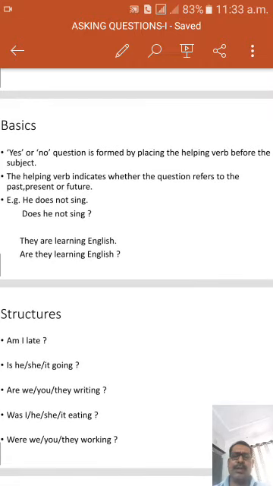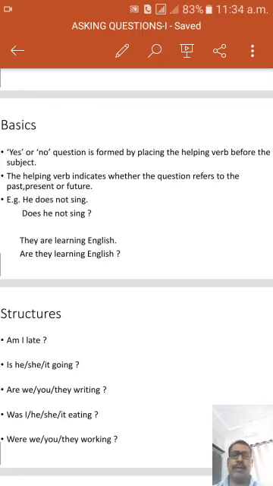Suppose the question is beginning with is, it is in present tense. If the question is beginning with has or have, in present tense. If the question is beginning with are, am, is, it is in present tense.